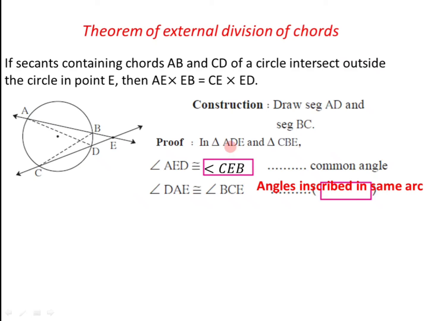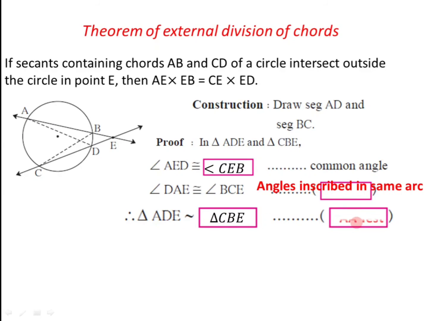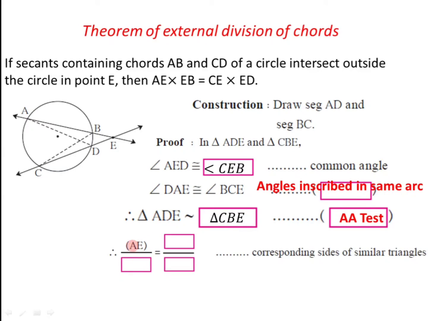Therefore, triangle ADE is similar to triangle CBE by AA test. As these two triangles are similar, the corresponding sides must be in proportion. If we take AE, its corresponding side must be CE.